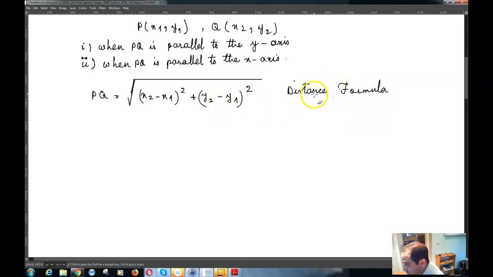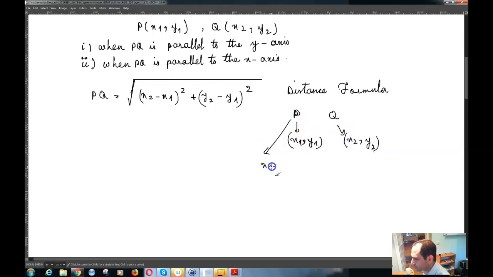Now if you have any 2 points, for example P and Q, you can take this point as, for example, x1, y1, and take this as x2, y2, or you can take this point as x2, y2, and this point as x1, y1, and then substitute these values in the formula, and then get the distance between the 2 points.